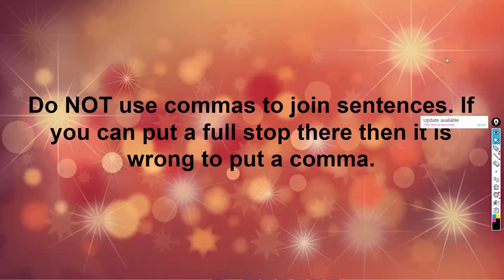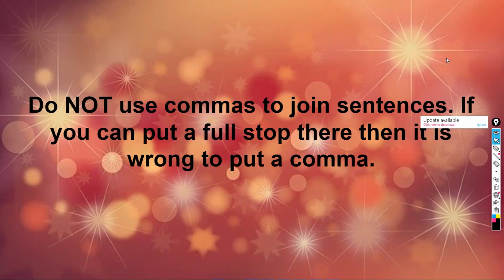But it is better if the parent watches the 2-year-old. Let me take that back. The 7-year-old is watching the 2-year-old. It's possible the 2-year-old might put something in their mouth they shouldn't, right? So the 7-year-old is not mature enough to take care of the 2-year-old. A comma is not strong enough or mature enough to take care of the two sentences. It needs a parent, and the parent is the full stop.